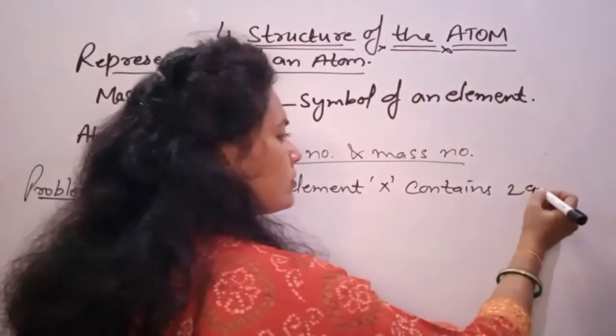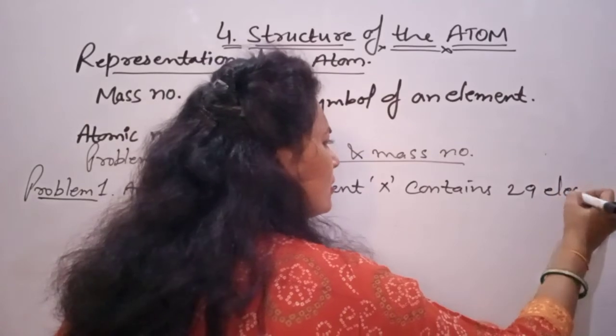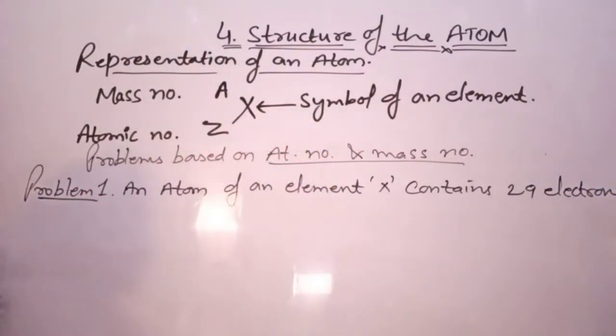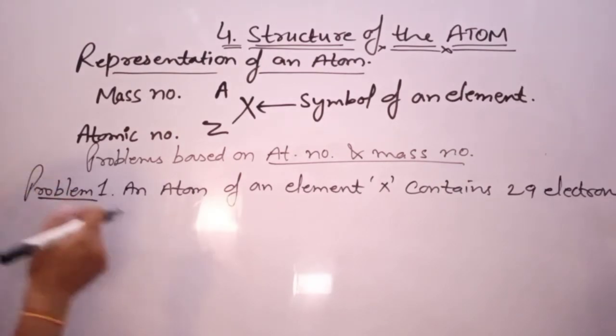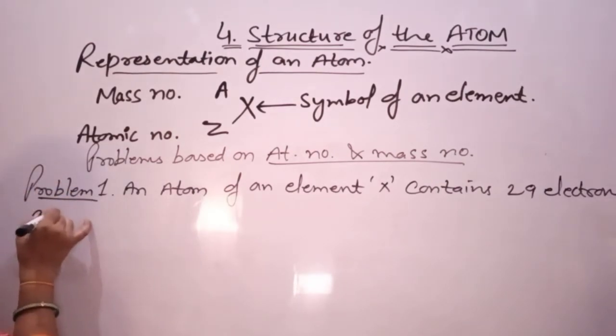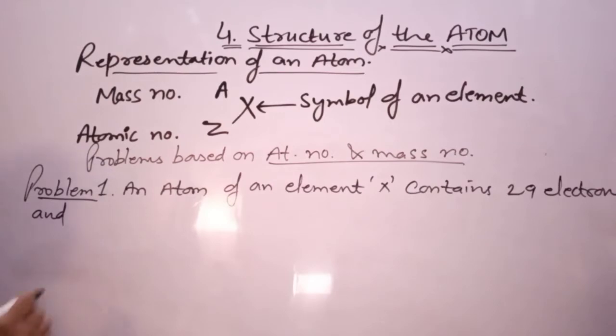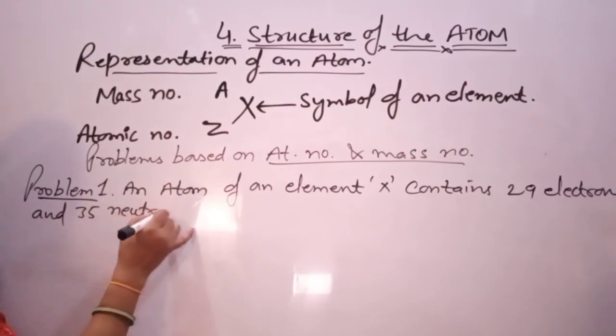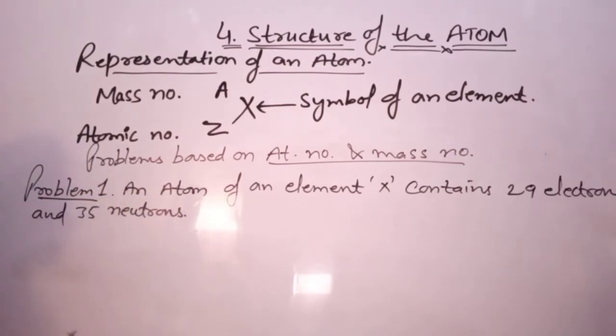electrons. 29 electrons. Okay. And 35 neutrons.